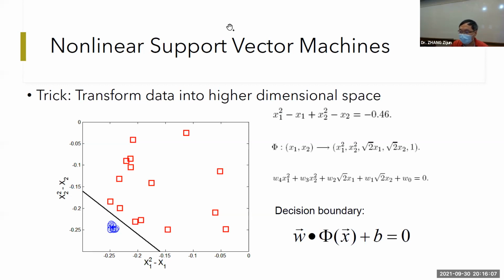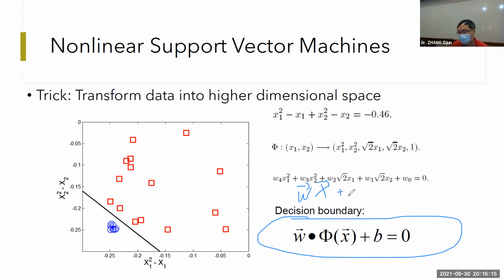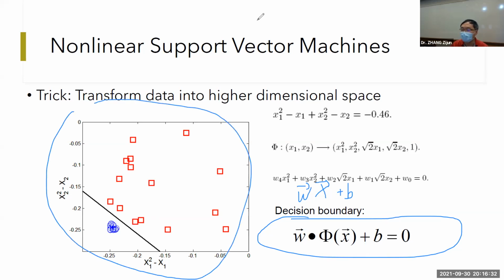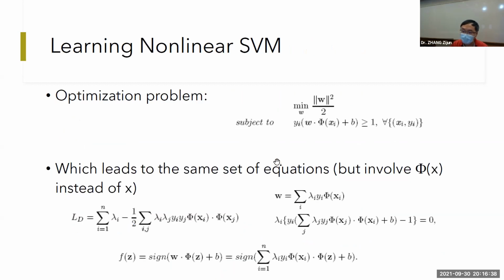Then we can write the decision boundary from the original W multiply X plus B to W, the weight, multiply the kernel function of X plus B. And this kernel indicates transforming the original value of X to another hyperplane like this. Okay. Then the nonlinear SVM is actually converting the optimization problem by just introducing a kernel function like this.